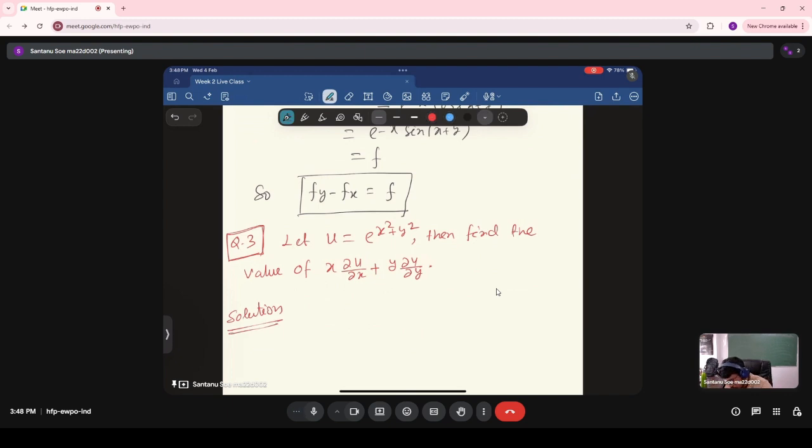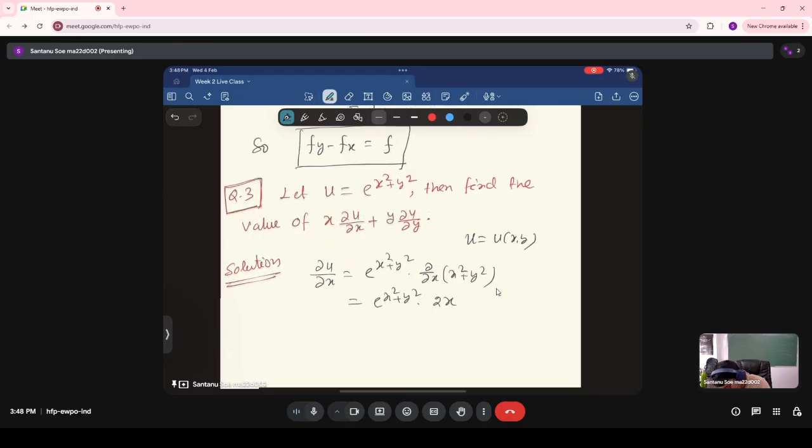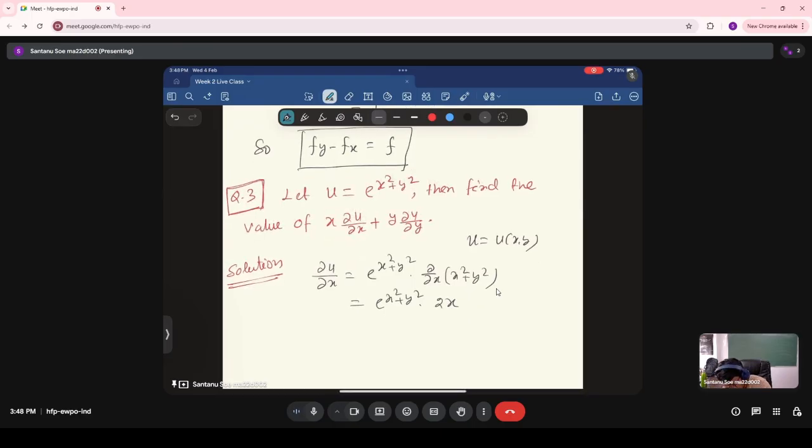Okay. So now this question is also very simple because here we have a function of two variables x and y. So del u del x is nothing but e to the power x square plus y square times the derivative of x square plus y square with respect to x, which is e to the power x square plus y square times 2x, because the derivative of y square will be 0 with respect to the x variable.